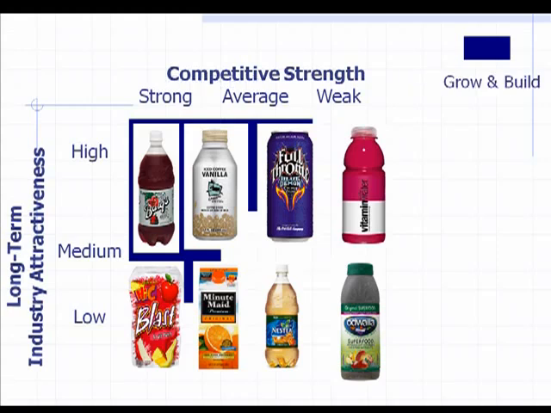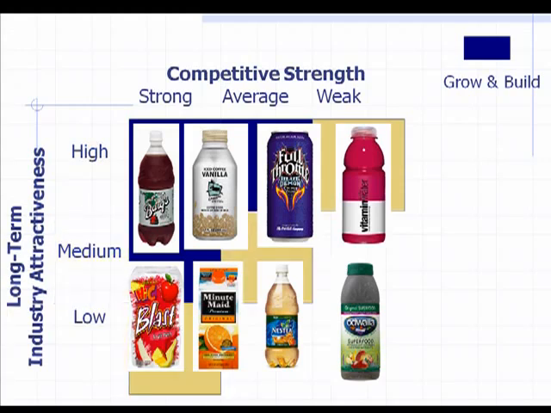But in the context of the current matrix, these types of products that fall into these really good categories are prescribed grow and build strategies, and there's a subset of them that you've already seen, and we'll talk about in the next slide. Products that fall more on the cusp of being a star are products like question marks in the context of the BCG matrix.